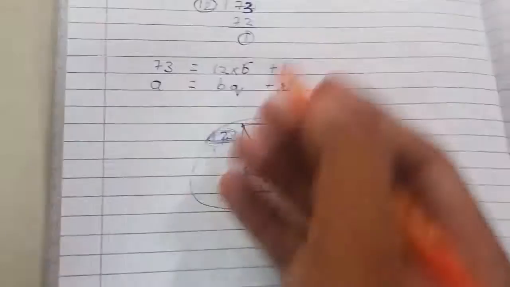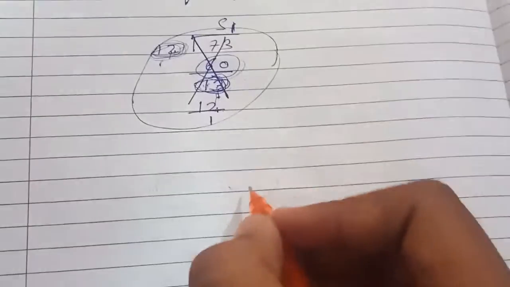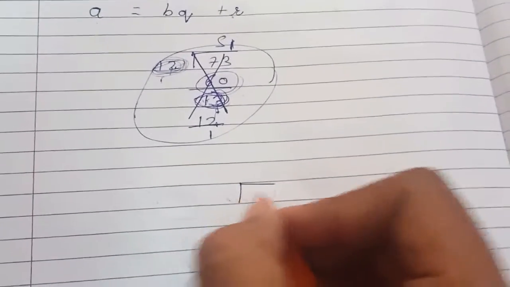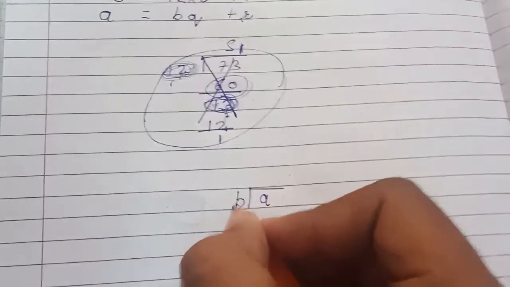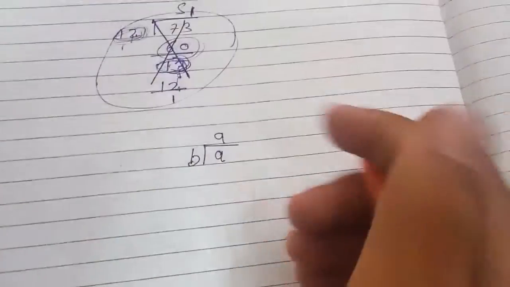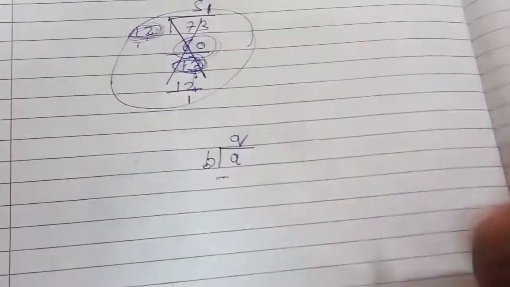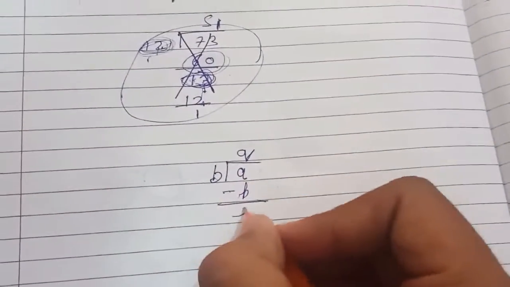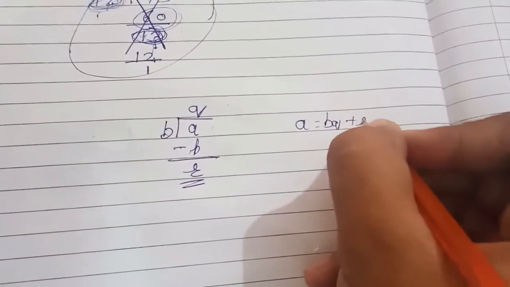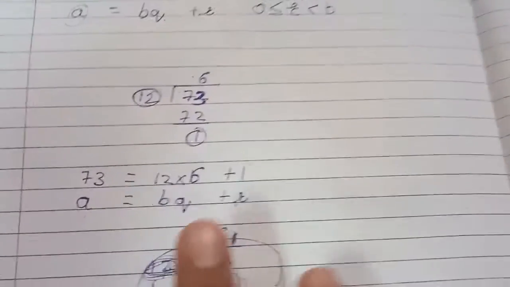If it is a multiple, then r becomes 0. So here a is getting divided by b, the quotient is q, and the remainder is r. So you can write a = bq + r. Okay, this is it, nothing much.